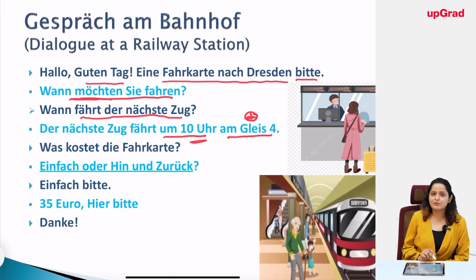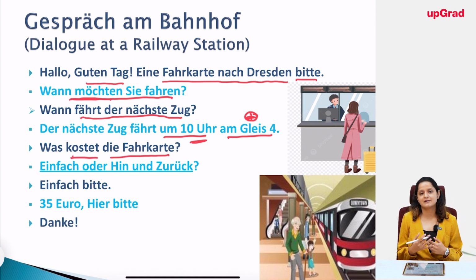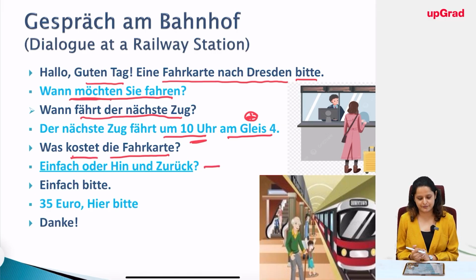After that, you may want to know the cost of the ticket. So this is was kostet die Fahrkarte, meaning what is the cost of the ticket, to which you will definitely get a response from the person at the ticket counter asking einfach oder hin und zurück.